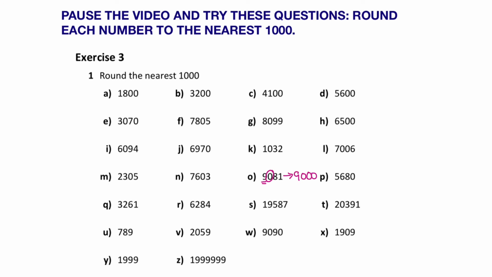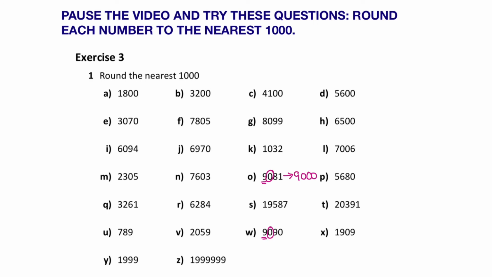Okay, let me pick another one just to show you, just a similar one here. So 9,090. Again, identify your thousands digit, and the one next to it tells you whether to leave it or move it up. And just be very aware that any numbers that come after that, so if we pick out our thousands digit and identify the one after as the one that's the influencer, it doesn't matter what comes after that.